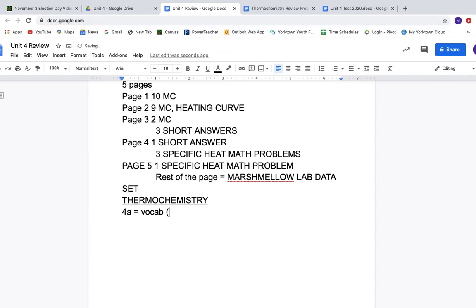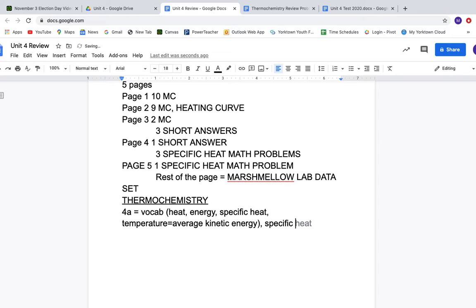Just some examples off the top of the head: heat, energy, specific heat, temperature, and average kinetic energy, plus others.